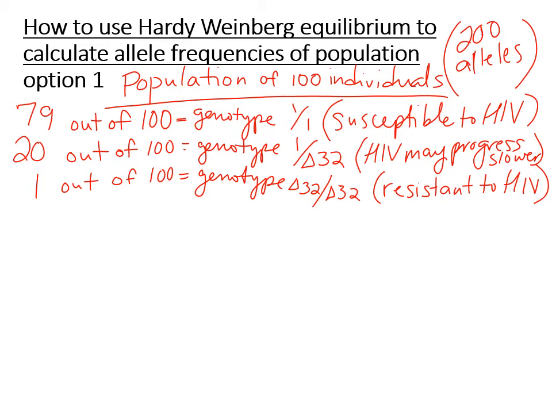Now, the first way to tackle this problem: you've been given 3 genotype frequencies, 79 out of 100, 20 out of 100, and 1 out of 100.